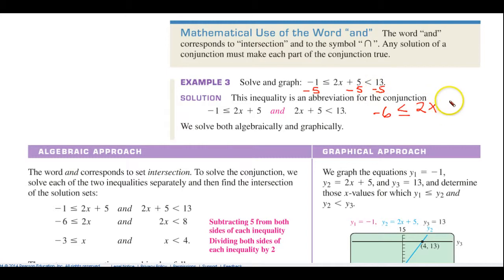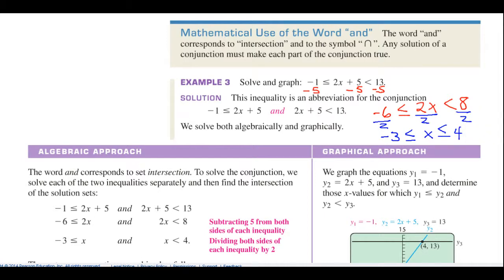And this is going to be less than or equal to 8. Now, to get the x by itself, I'm going to divide everything by 2. Well, I have to do it here as well, and here as well. So this then becomes -3 is less than or equal to x is less than or equal to 4.